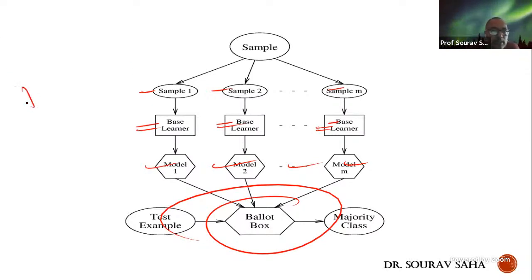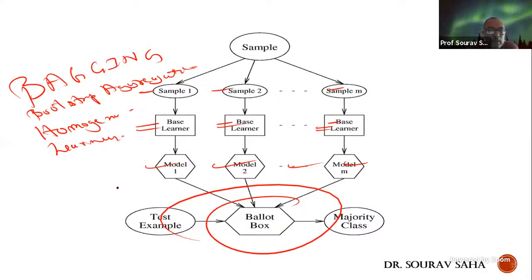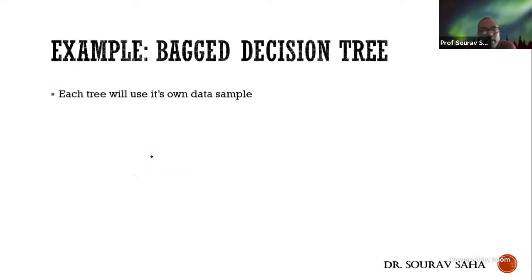So bagging process, bootstrap aggregation, homogeneous learners, right? And you use a base classifier, and it's a parallel algorithm. So these are the properties of this bagging process, right?